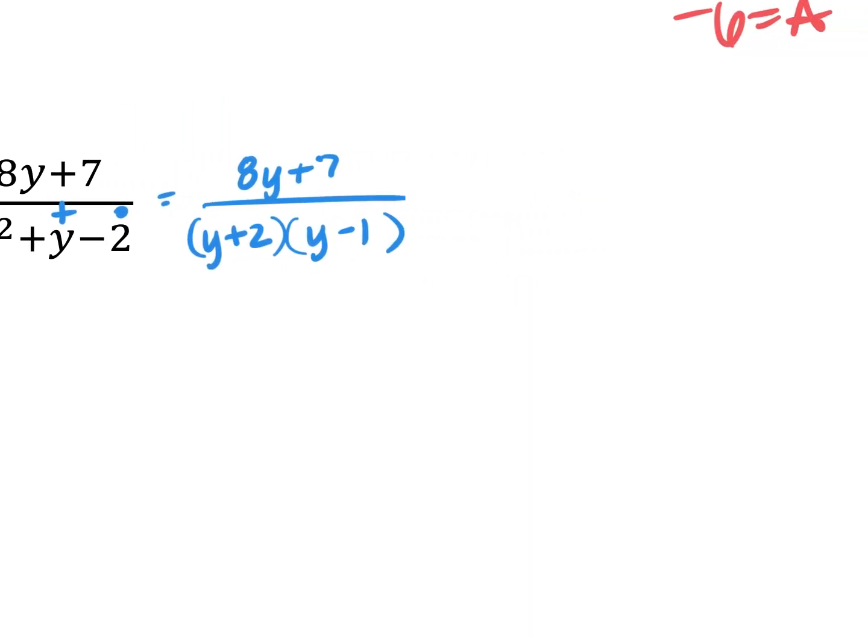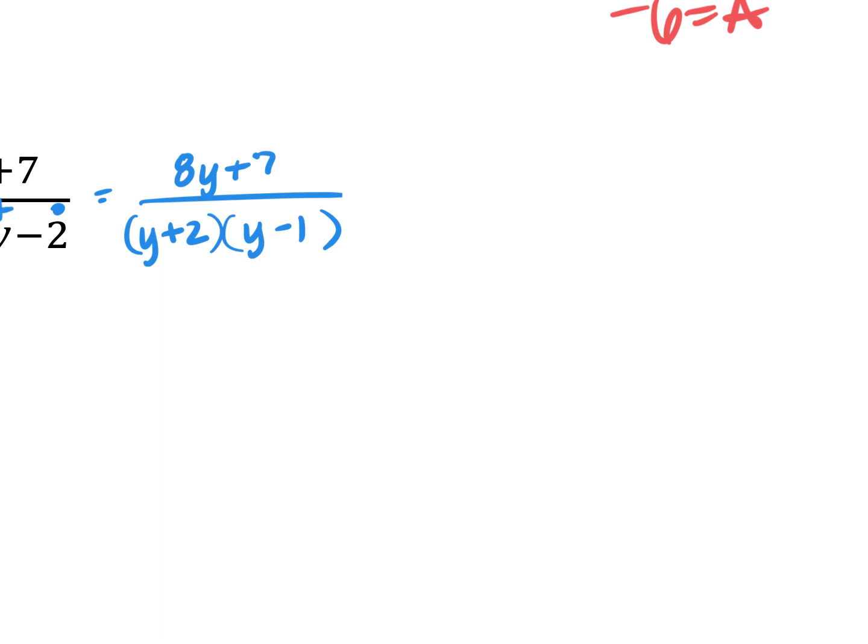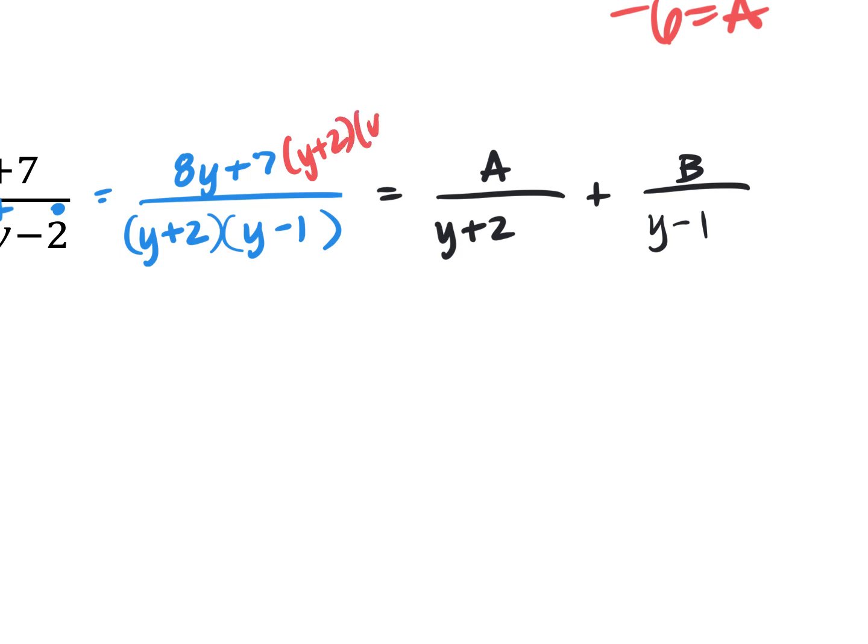The reason we've got to do that is because we got to say what over one of those fractions and what over the other factor. Now, if you put y minus 1 under here and y plus 2 over here, that's fine. We're going to get the same answer in the end. What are we going to multiply every single thing by to get rid of the denominators? y plus 2, y minus 1.